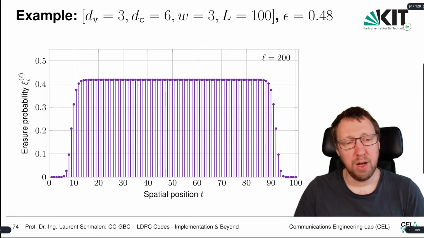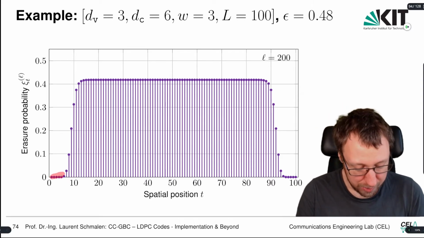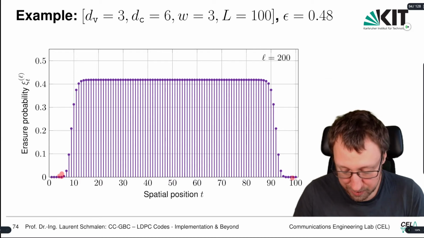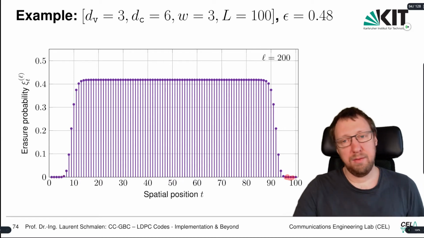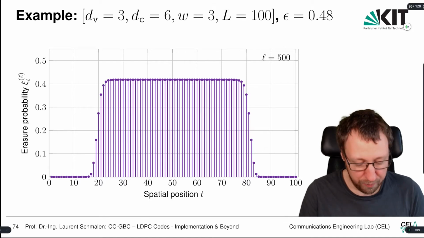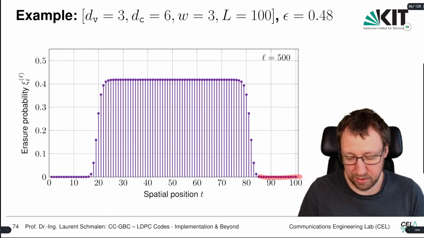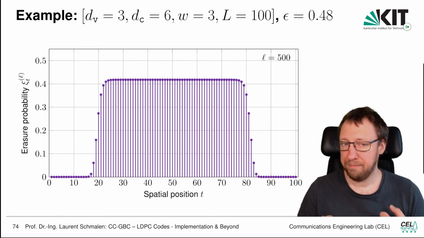Let's see, 200 iterations. We have now 4 or 5 spatial positions that are recovered. And we can continue 300, after 500 iterations, we have recovered 15, 30 spatial positions almost completely, 0 erasure probability.